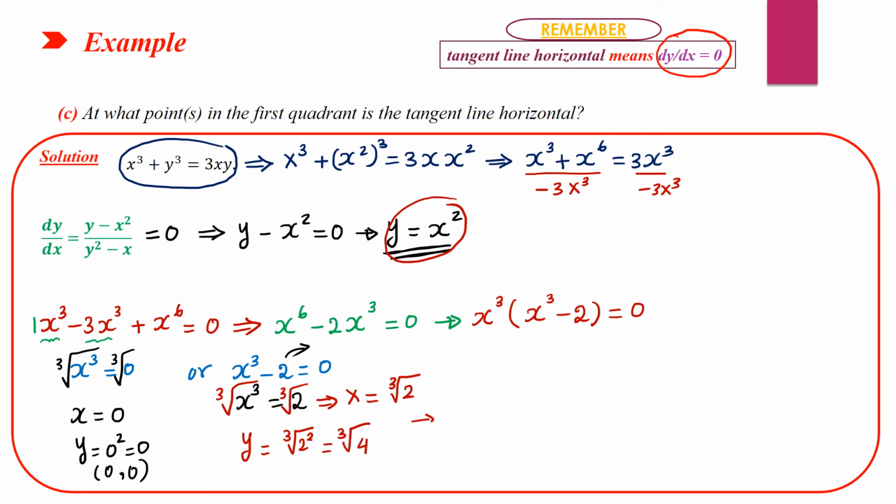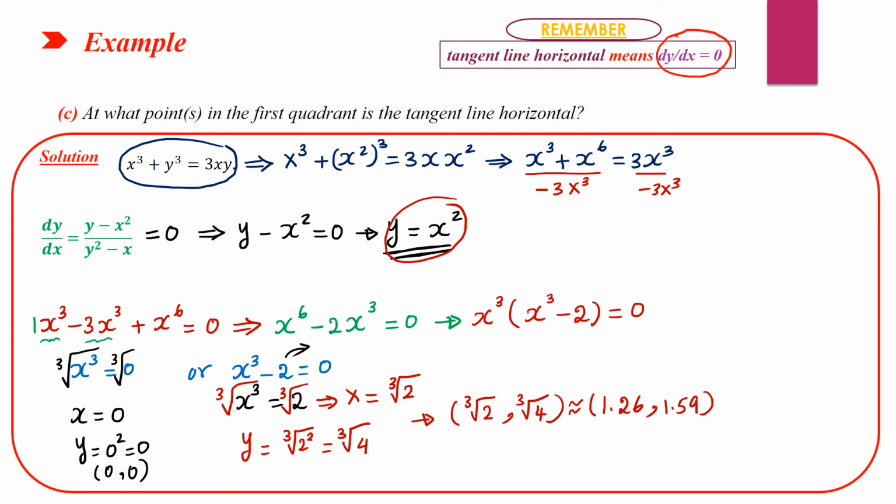So we have the point cube root of 2 and cube root of 4, and this is approximately 1.26 and 1.59.